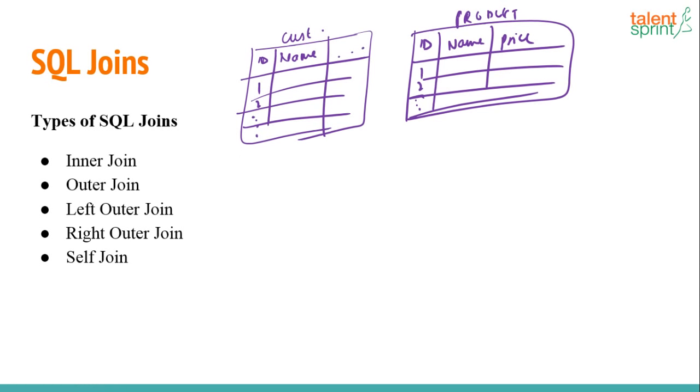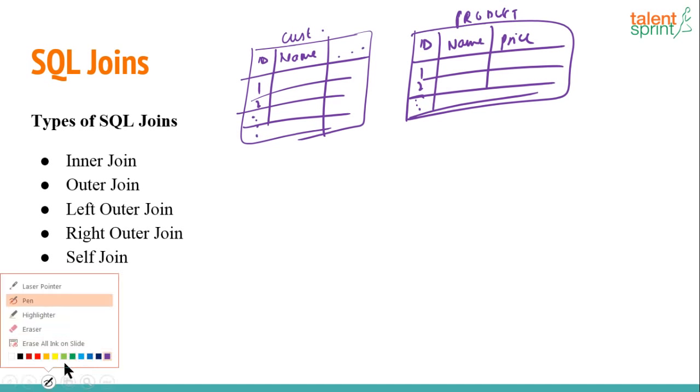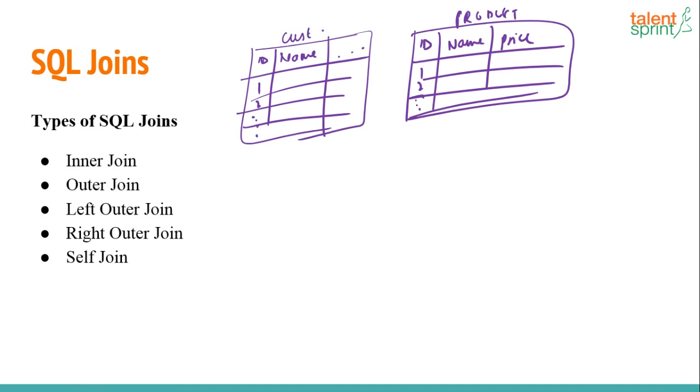Now how do inner join, outer join, self join, etc. work? You might not need all types of joins in one particular case. Say we have to find all the customers who have bought a certain product.